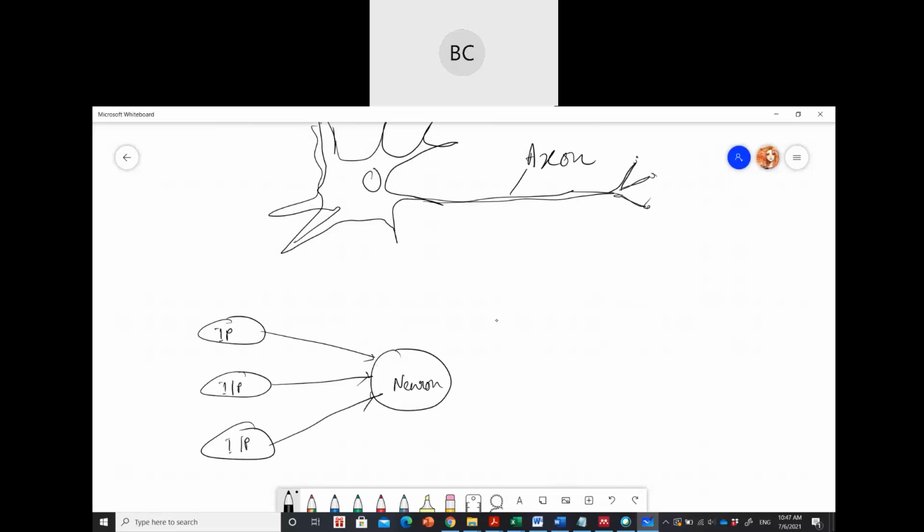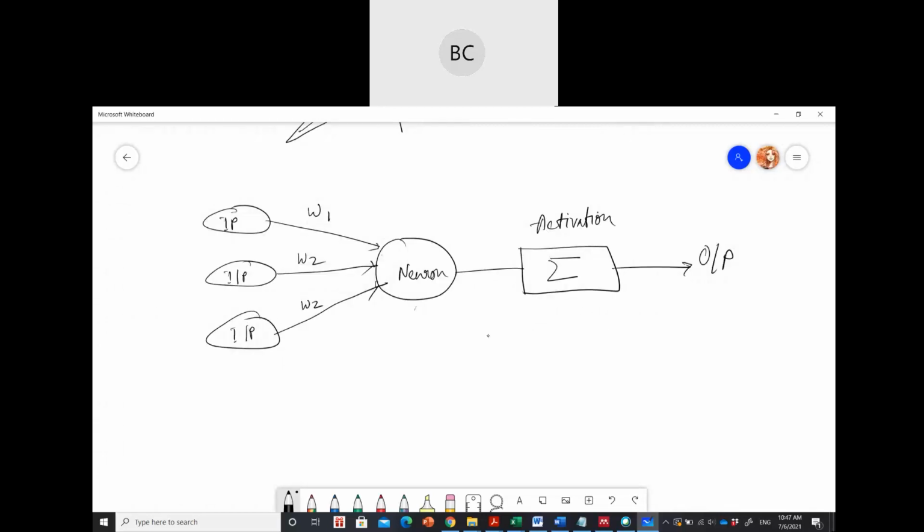Suppose each of these inputs has a particular weight. Then the neuron will have a particular function, which is known as the activation function. Then it will provide the output.